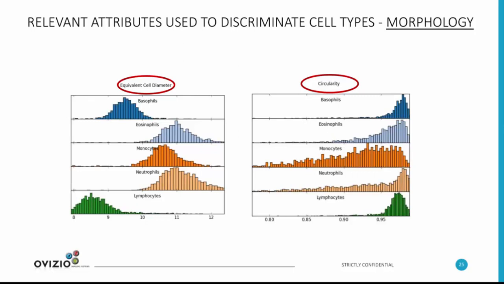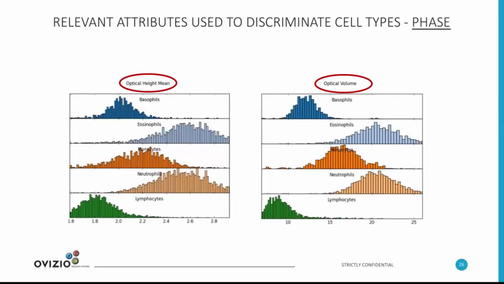Circularity is a little bit more unclear, but still shows a difference between the lymphocytes, the monocytes, and the other 3 cell types. If we go into the phase parameters like optical height mean and optical volume, there again is the possibility to already extract information and to distinguish different cell types within one population. So this we can already do based only on 4 parameters. With 70 parameters, the discrimination becomes even more clear.